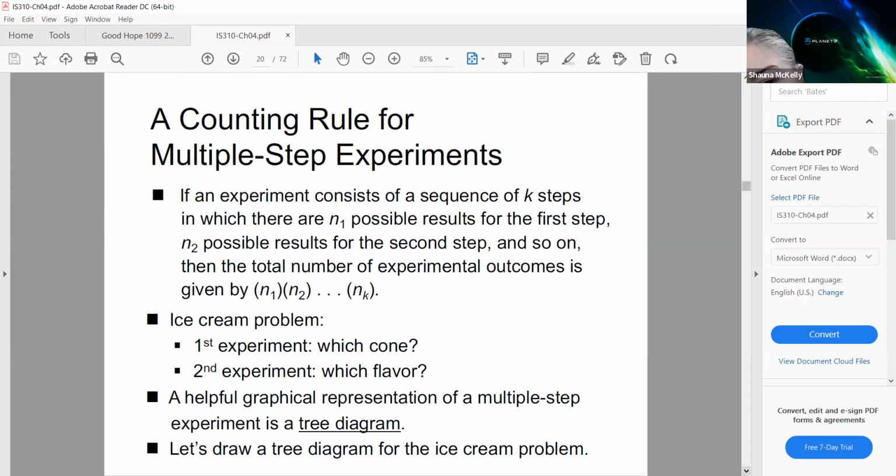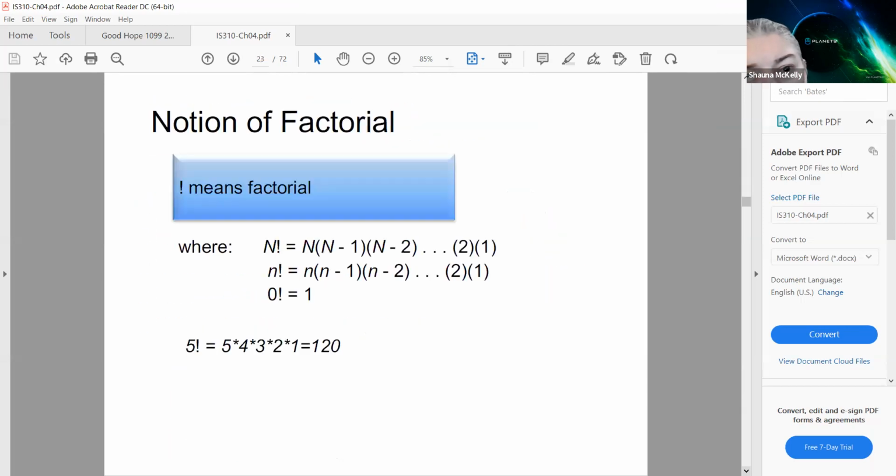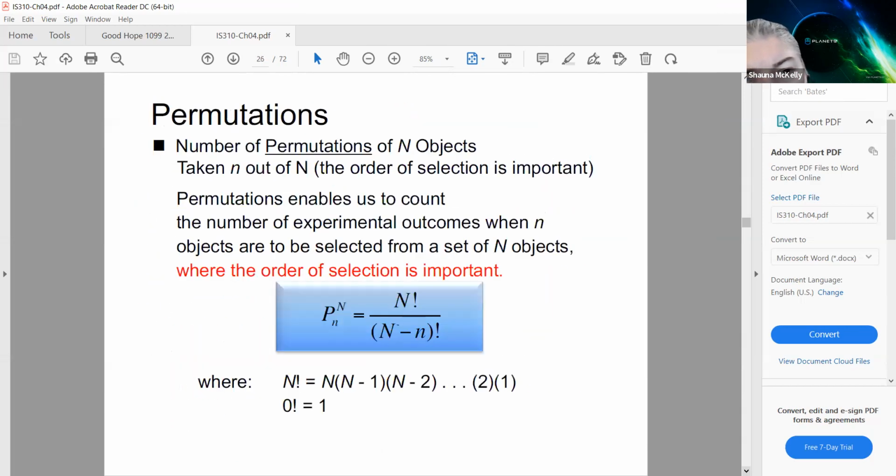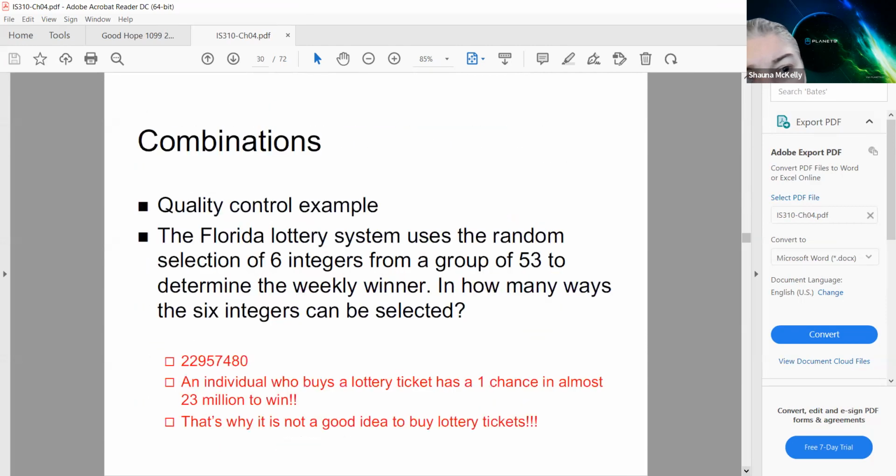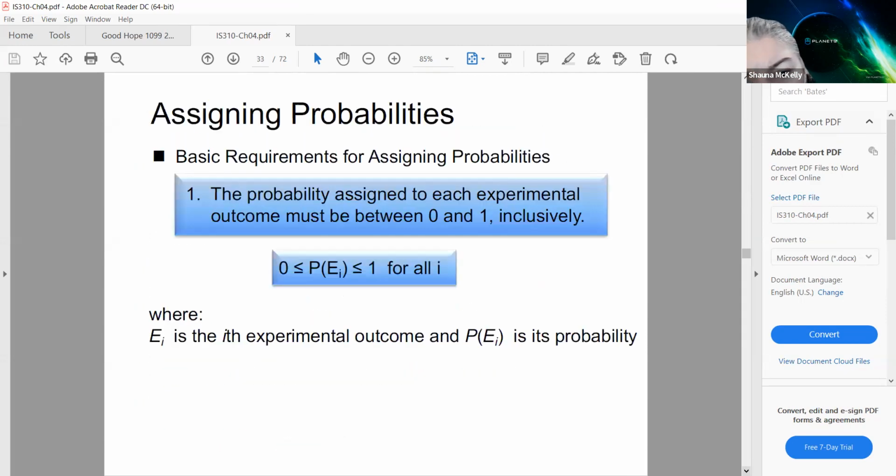I have other slides on it for you too, but right now just work on the video and trying to take this in. Basically where this is going is she's going to talk to you about the counting rules and permutations and combinations, which she's going to spend some time on.